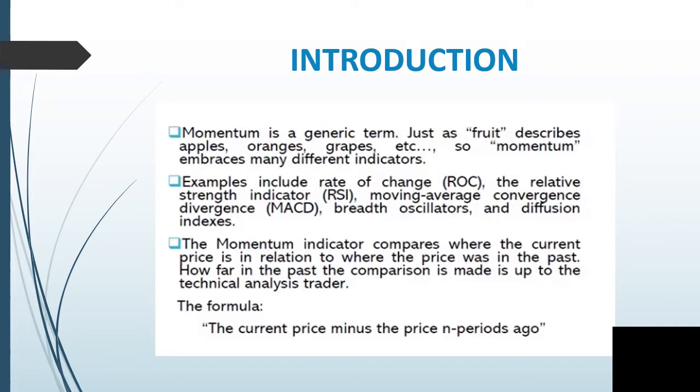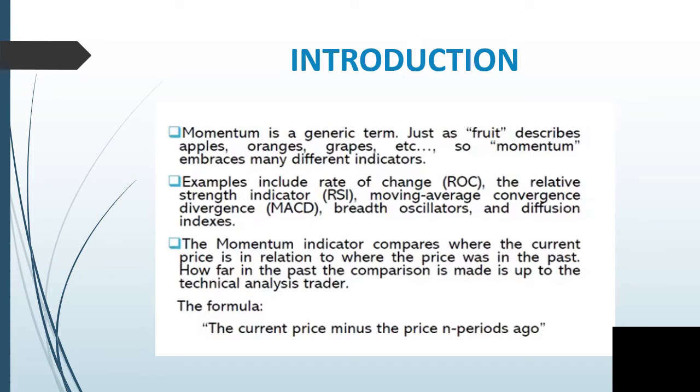What is an indicator? An indicator means something that we rely on, that we refer to, that we confirm on. There are so many types of indicators, but for this topic and syllabus, for your level, we just cover certain types of indicators.